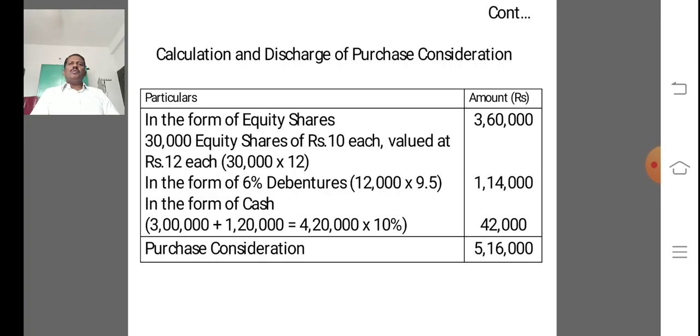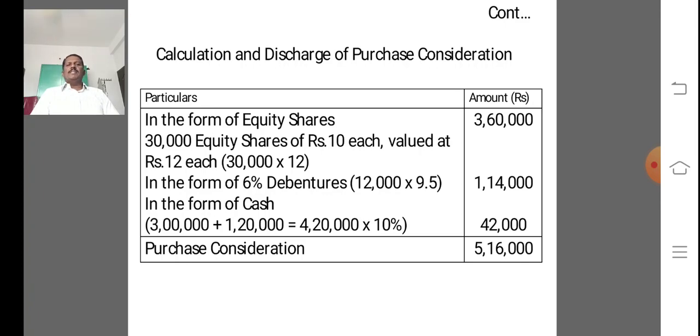In the form of equity shares, that is 30,000 equity shares of rupees 10 each valued at rupees 12 each, so 30,000 into 12. We have to multiply by market value, not face value. So we get 3,60,000 in the form of equity shares.